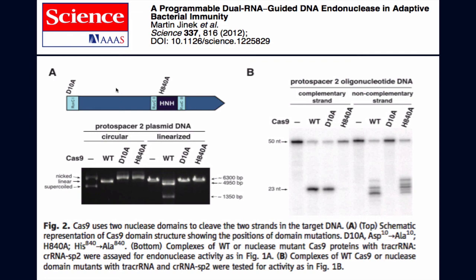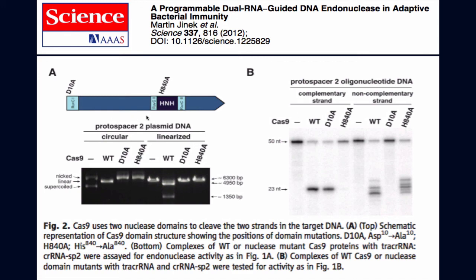So little regions of the protein that do different things. They actually made two different mutant proteins. So they mutagenized the Cas9 protein in such a way that this protein domain was rendered non-functional in one of those mutant proteins, and this protein domain was rendered non-functional in one of the other mutants.